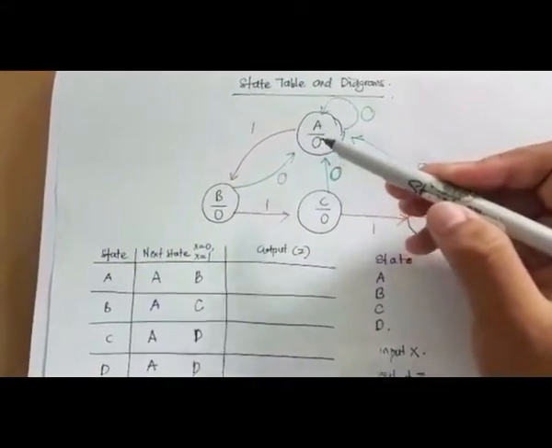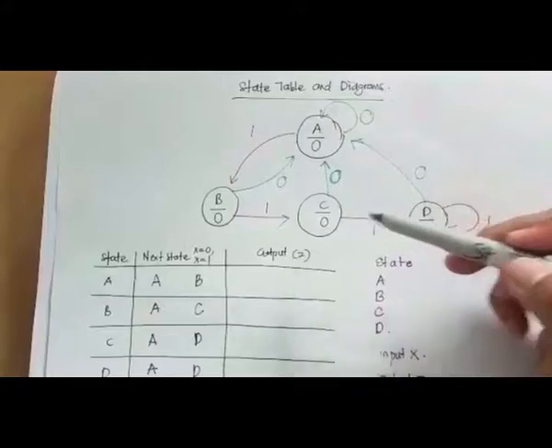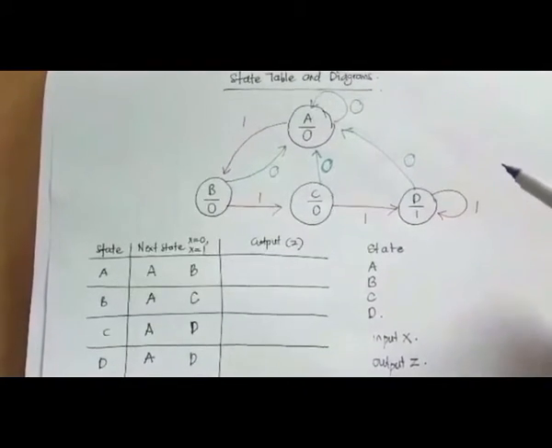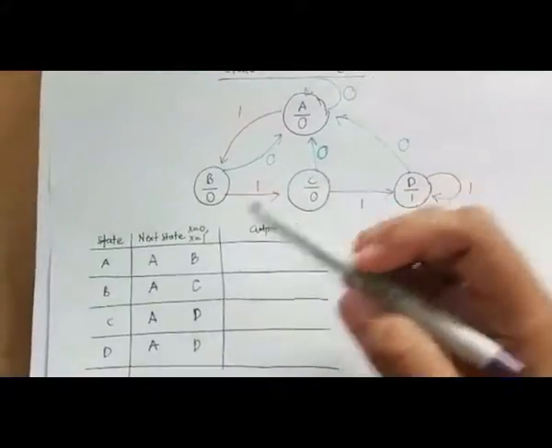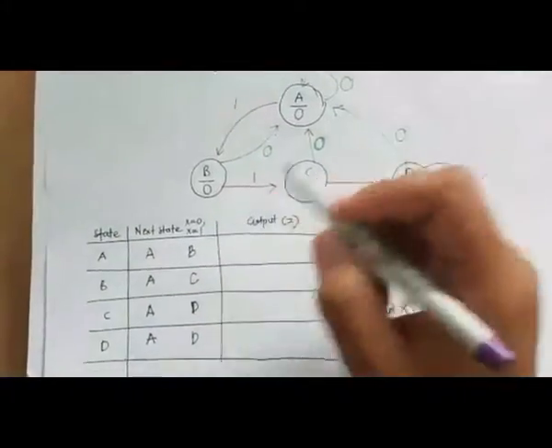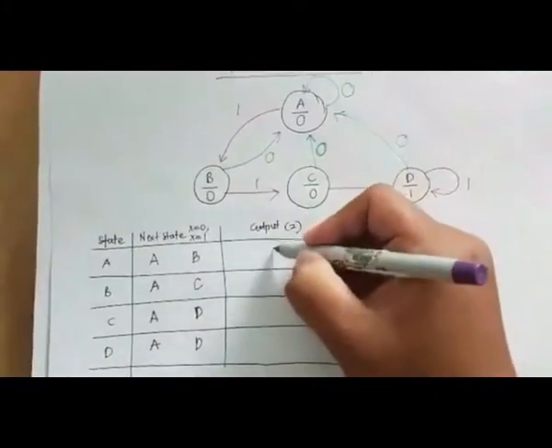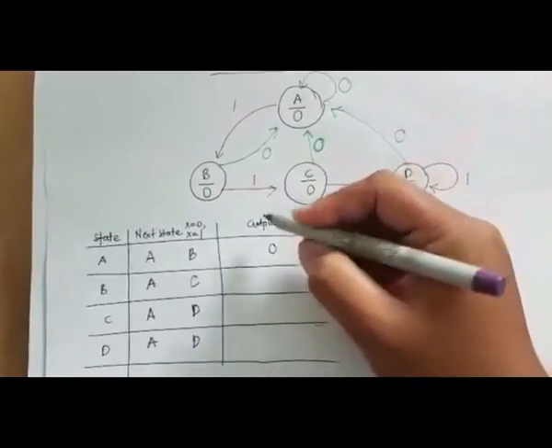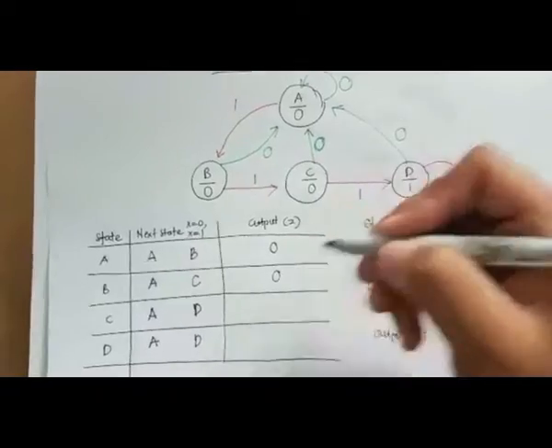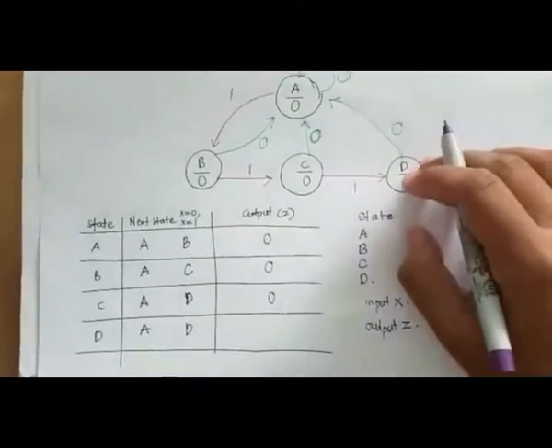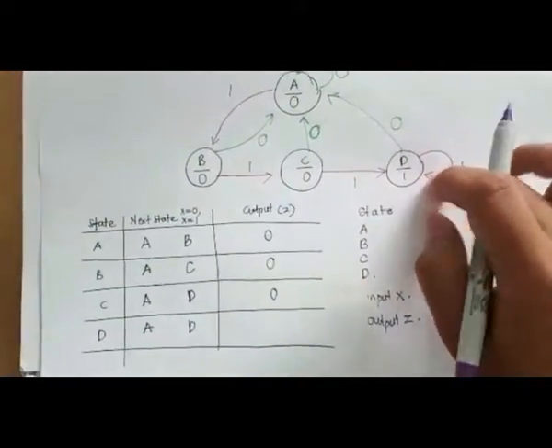The number over the denominator for every state is the output of that state. For example, for state A, the output is 0. For state B, the output is 0. For state C, the output is 0 also, whereas for state D, the output is 1.